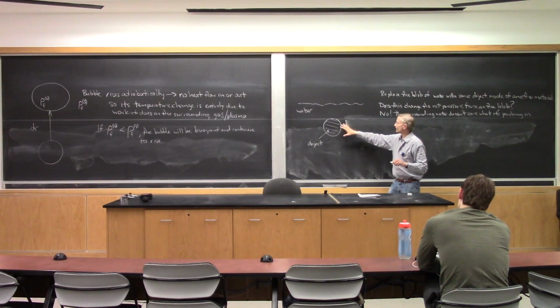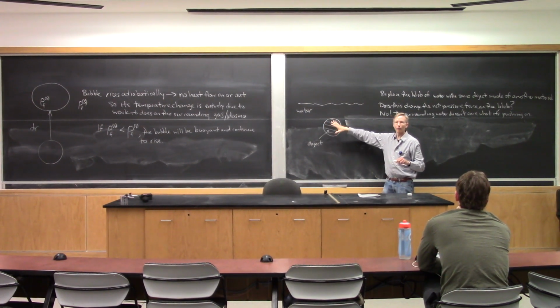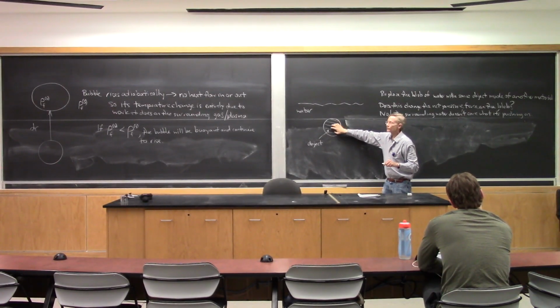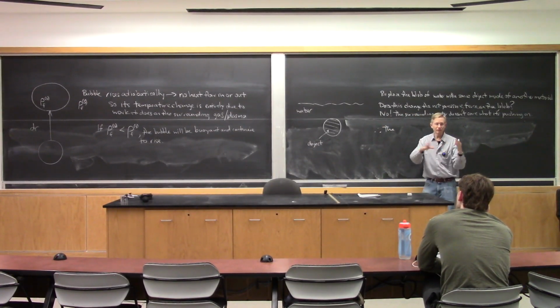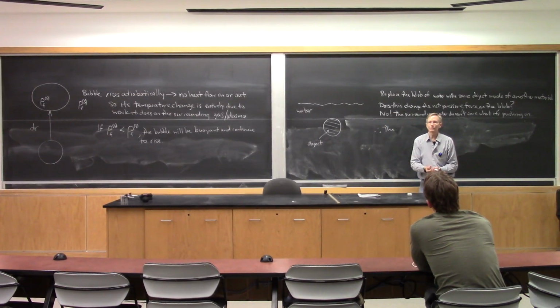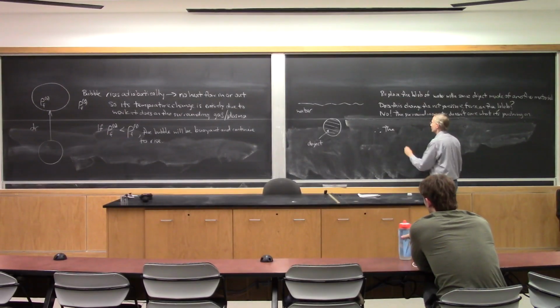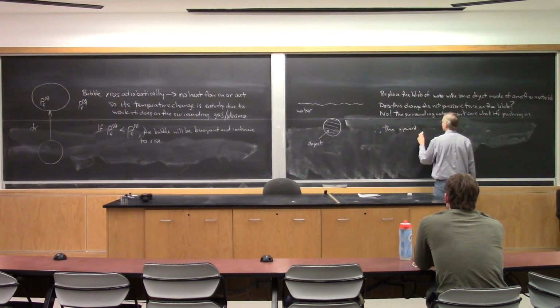You've displaced a certain volume of water, that doesn't change the pressure force because the water doesn't care what it's pushing on. And so the upwards pressure force is equal to the weight of the water that the object displaced. Does that make sense? You've moved some water out of the way, the pressure force doesn't change because the water doesn't care what it's pushing on, so the upwards pressure force is equal to the weight of the water displaced.